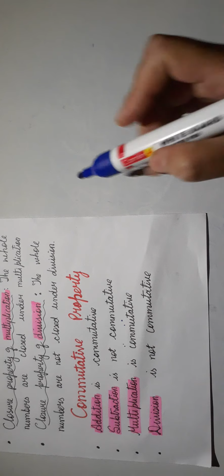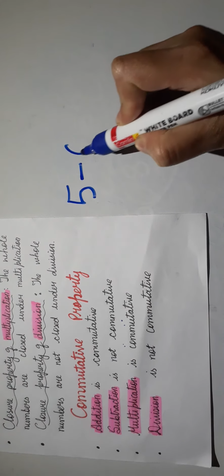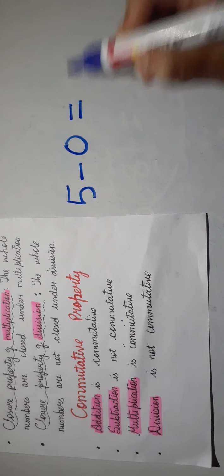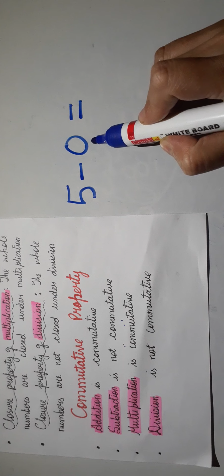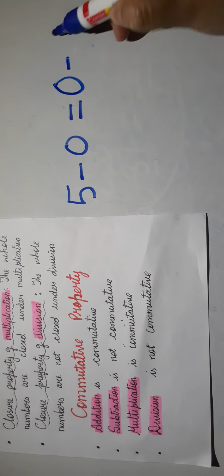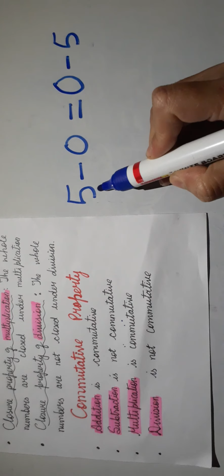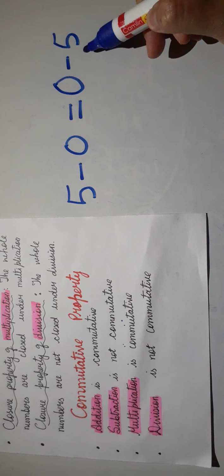Subtraction is not commutative. Let us see what is the meaning of this. I will take one whole number, I'll minus with another whole number. Here 5 I wrote first and then followed by 0. Now I will write first 0 and then I'll minus 5. Let us see the answer that comes out from here, or the difference from here and here, whether it's the same number or not.